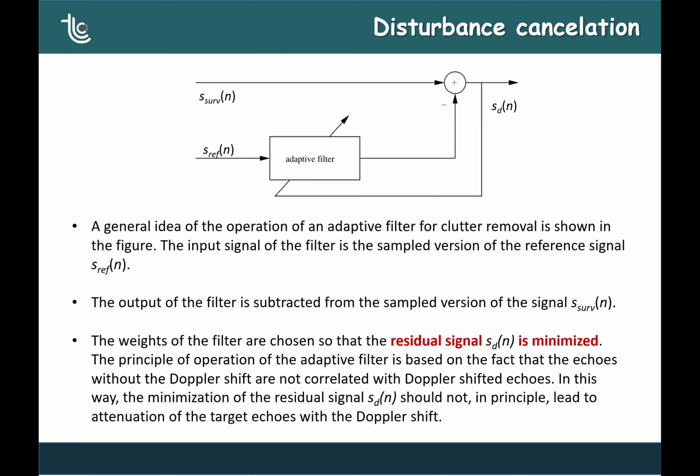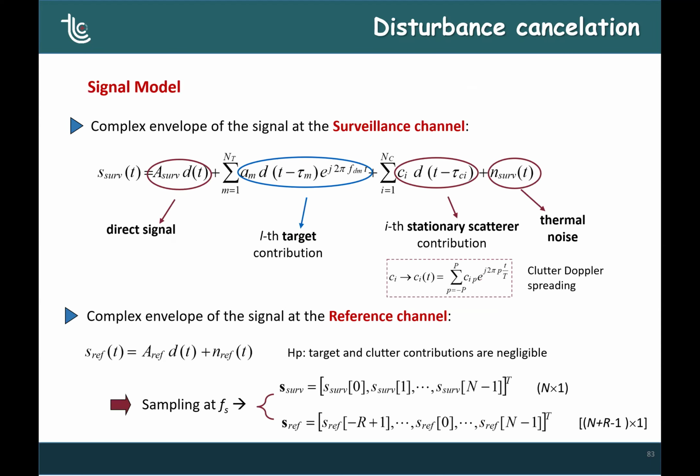And practically, the main difference between the surveillance signal and the reference signal in the components are the targets with a certain Doppler frequency. So the difference is that in the reference signal, we have a Doppler frequency that is 0. In the surveillance, we have some components with a Doppler frequency that is 0, but some components with a Doppler frequency that is not 0.